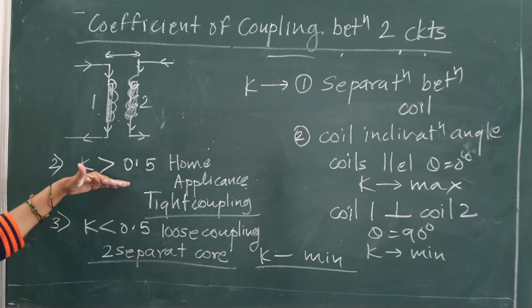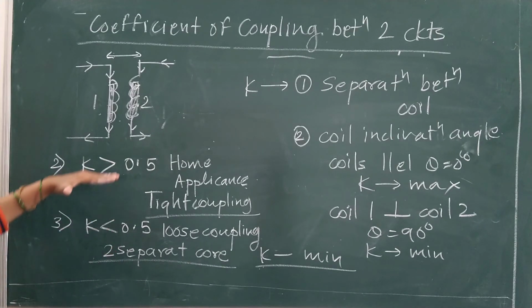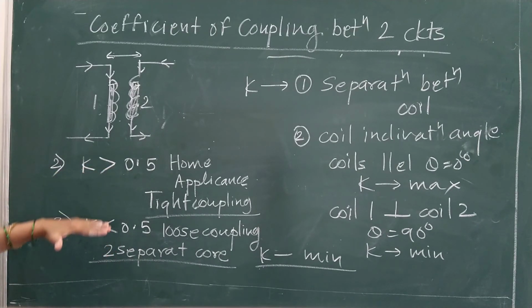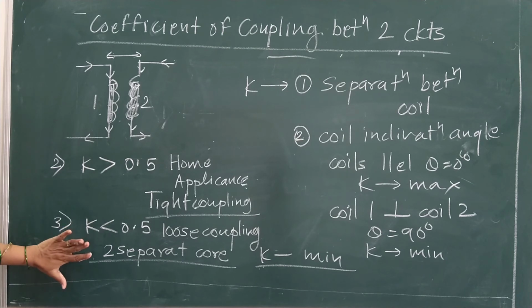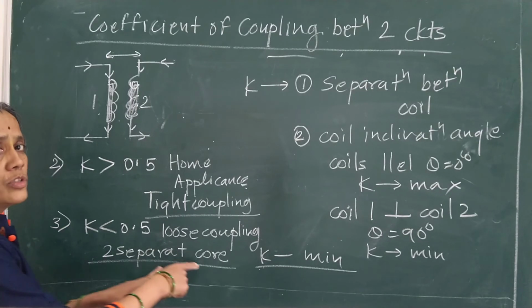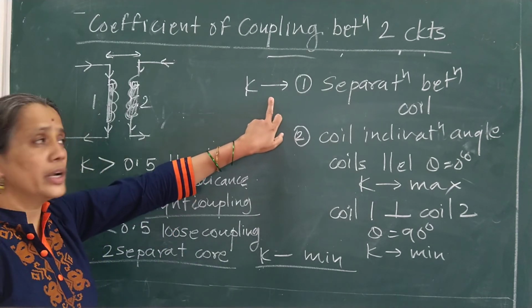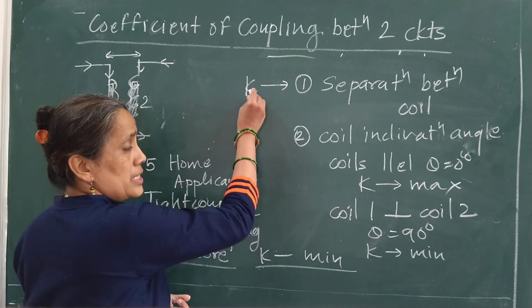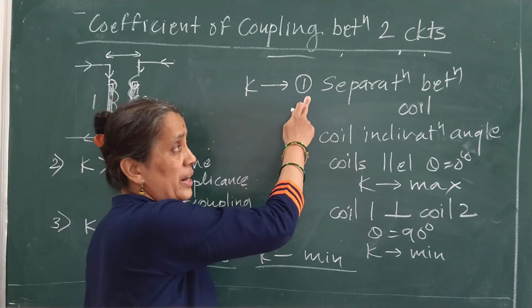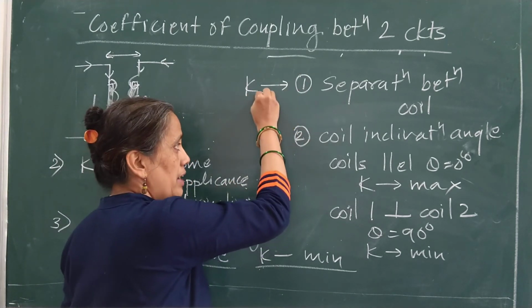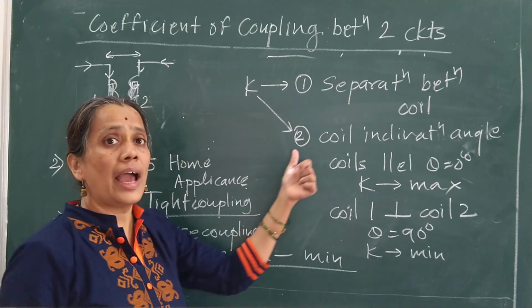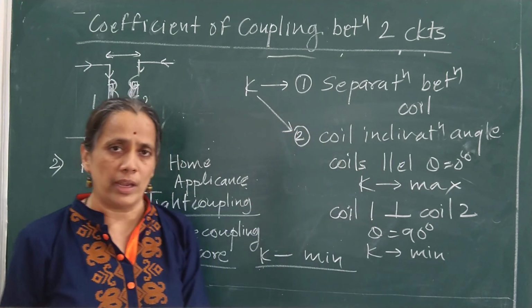Means in case number 2 and case number 3, we have reduced the value of K. And to reduce the value of K, what can you do? First, you can use separate cores. Second, this K value is dependent on the separation between the coils. K value is also dependent on the angle of inclination between the coils.